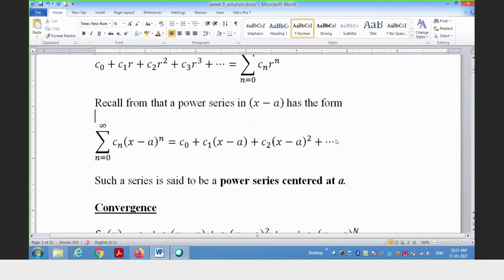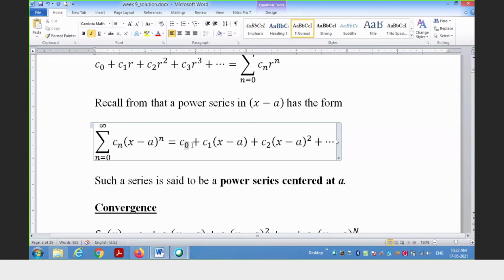From your calculus 2 as well, the power series in x minus a can be written as the summation from n equals 0 up to infinity of cn times (x minus a) to the power n. When you replace n with 0, you have c naught times (x minus a) to the power 0. (x minus a) to the power 0 is equal to 1, and 1 times c naught becomes c naught.